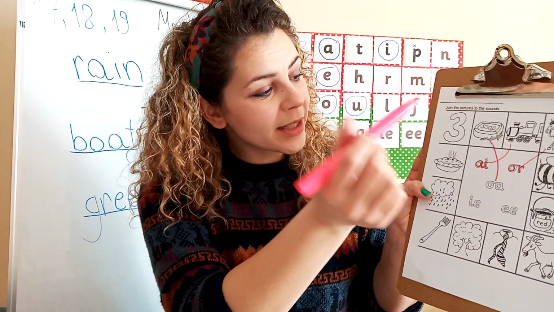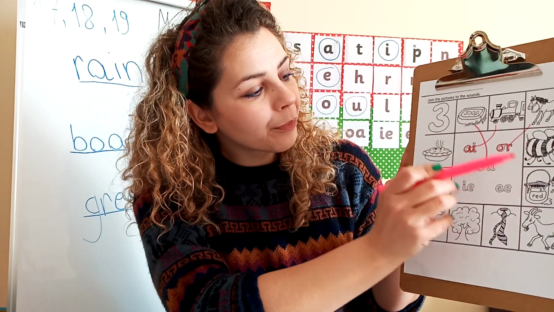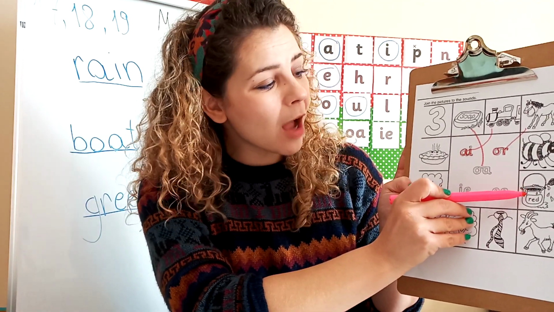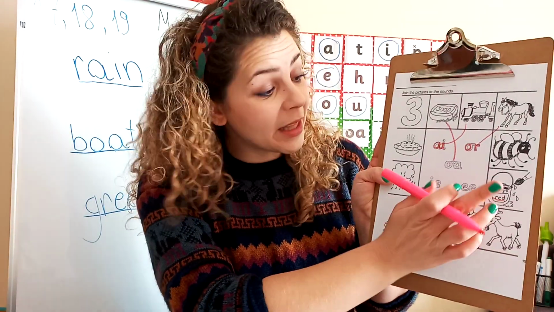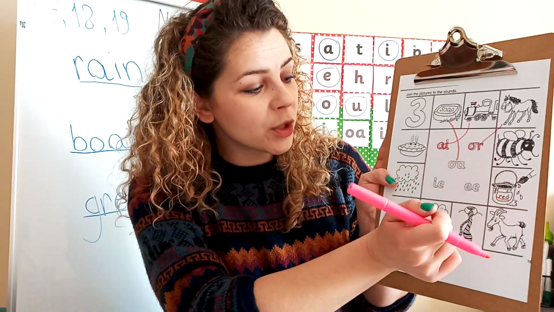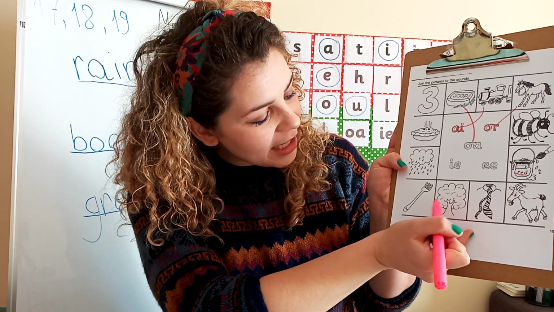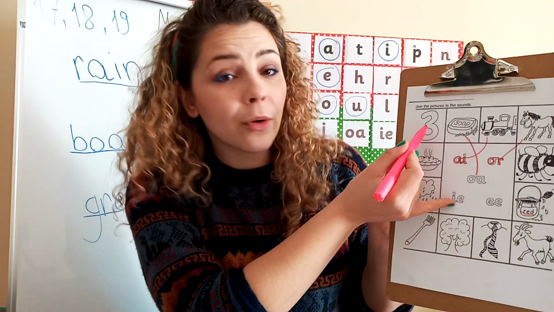The rest of the words are, pay attention, bee, paint. I think you had this in your spelling log last week. The word here says red, but this picture represents the word paint, not the word red. Goat, tie, tree, fork, rain, pie, and tree.